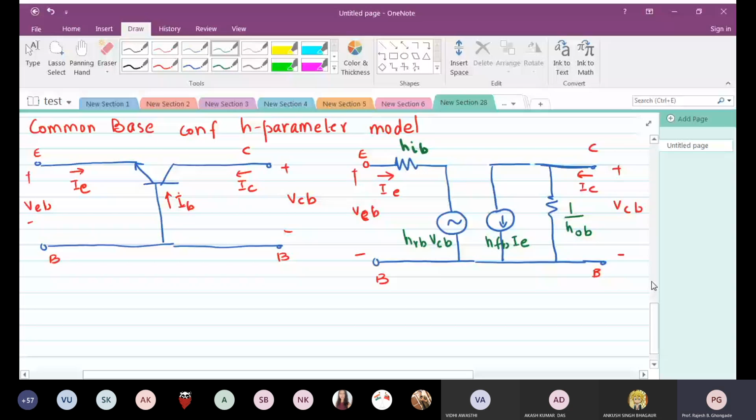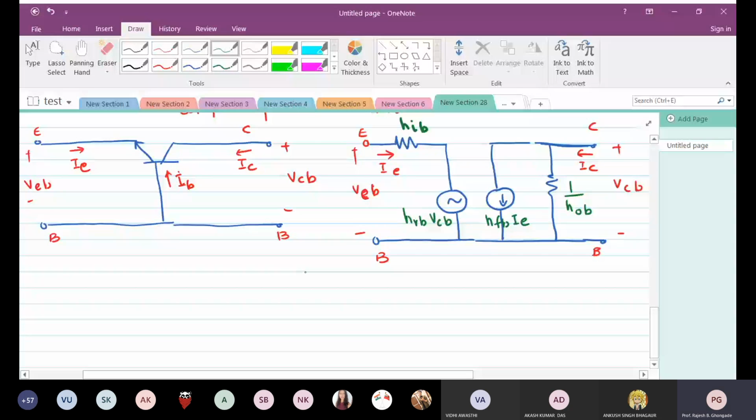Okay. So now we can again write down the equations just like what we did for the last configuration. VEB will be HIB into IE plus HRB into VCB. This is one equation.